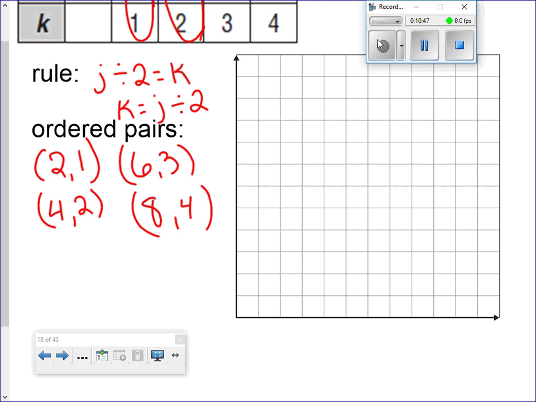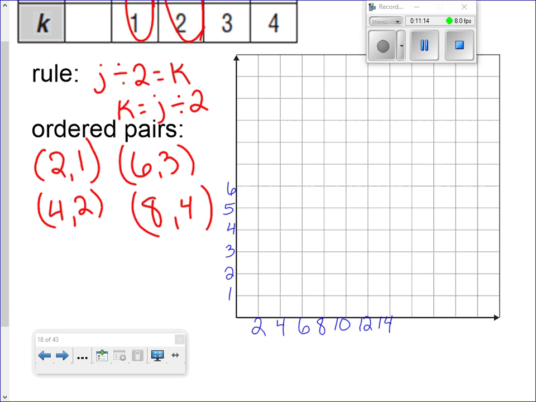The next thing we need to do is label our x and y axis, or here are j and k's. My j's are counting by 2's, so on my x-axis, I'm going to count by 2's. And my k's, or my y's, are counting by 1's, so I'm going to label these counting by 1's.